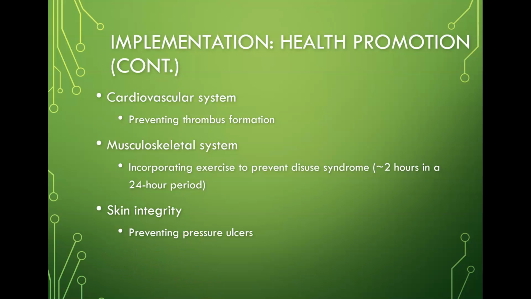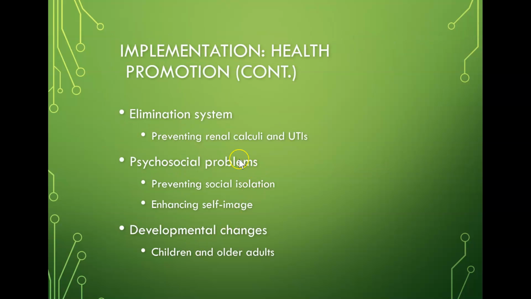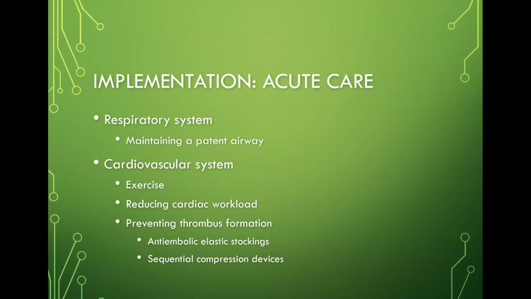And then you're going to maintain their skin and prevent pressure ulcers. Elimination system, you want to encourage drinking of fluids, and you want to monitor them for stones and urinary tract infections. And you want to prevent social isolation and enhance their self image. So you need to think about those times.